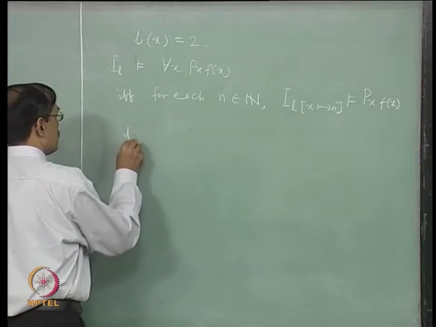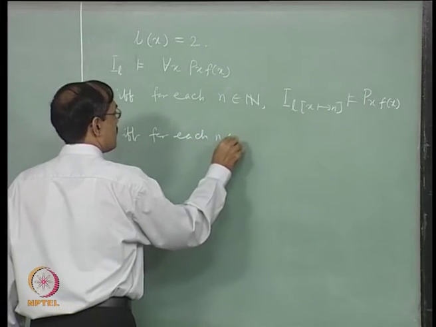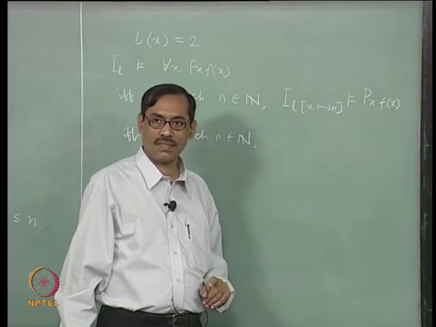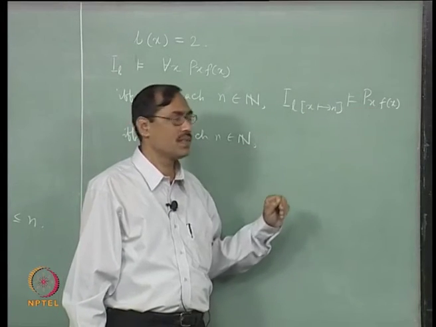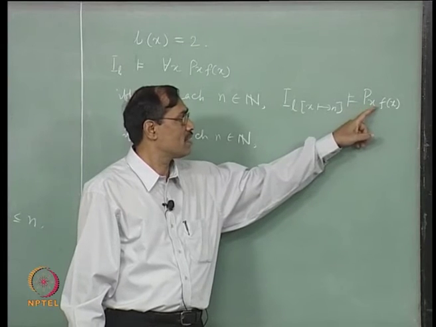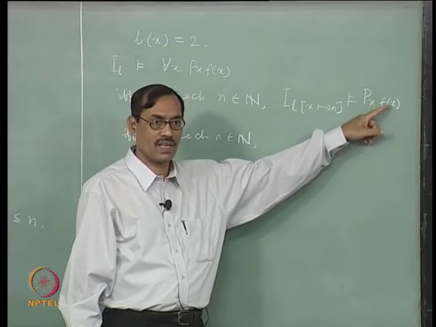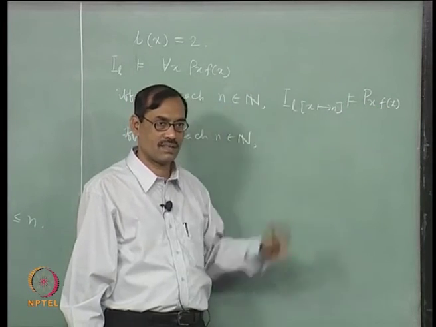Now, let us go on writing it for each n in N. What about this? When does it satisfy p x f x, that we have to see. So, by definition it will satisfy when the corresponding pair belongs to the corresponding predicate, right.